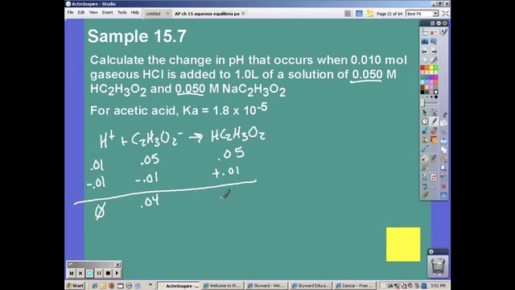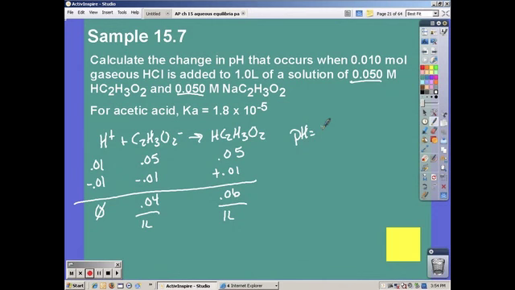And again, we're going to be left with our buffer. Make sure you divide by total volume. Just get in the habit of doing that, even though it's 1 liter. And use Henderson-Hasselbalch again.